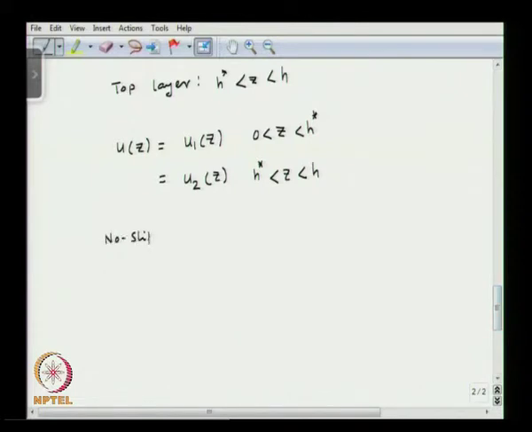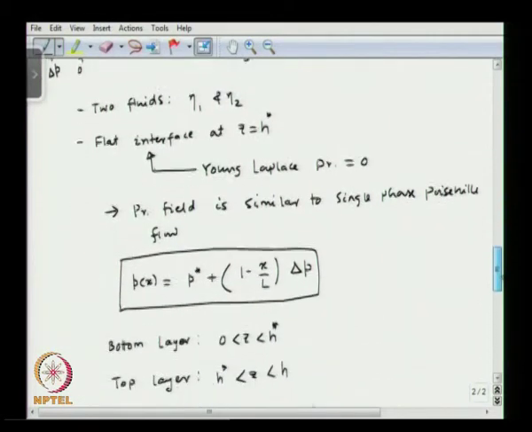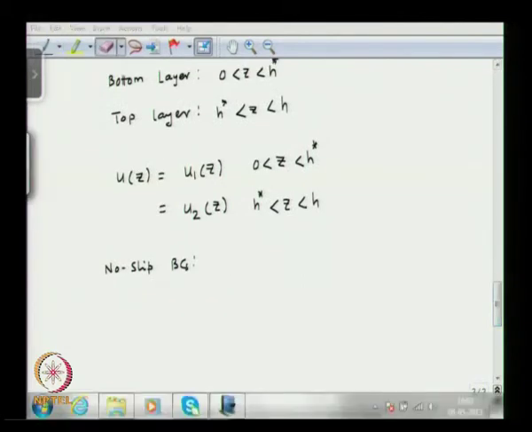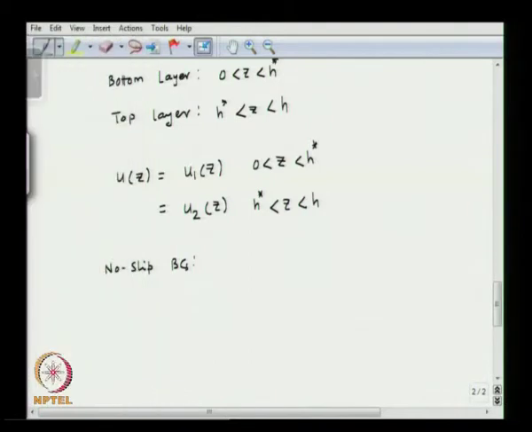Our no slip boundary conditions are: u1 at z equal to 0 is going to be 0, and u2 at z equal to h is going to be 0. So those are the no slip conditions.